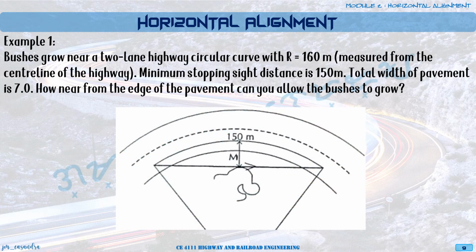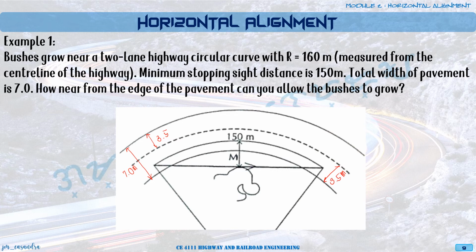So what we have here is from the given. We have our highway with total carriageway width or pavement width of 7 meters. So for each lane, that will now be 3.5 meters.